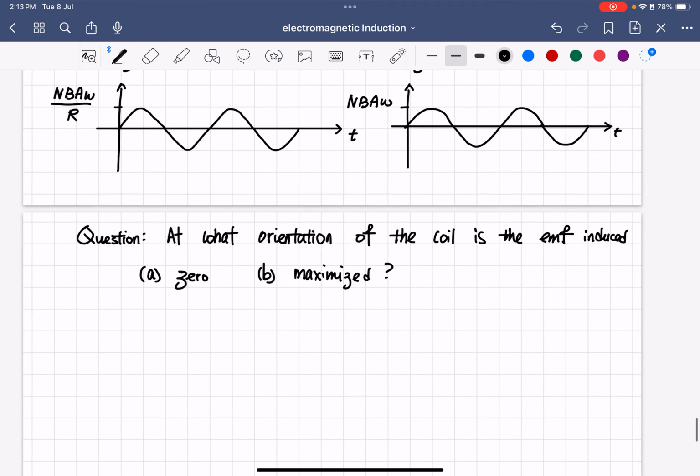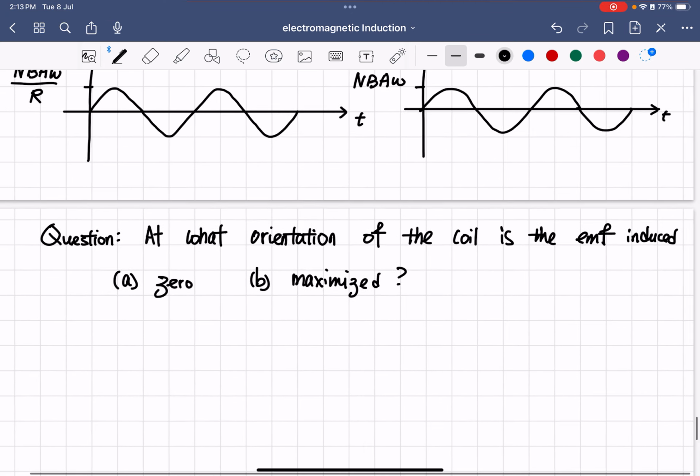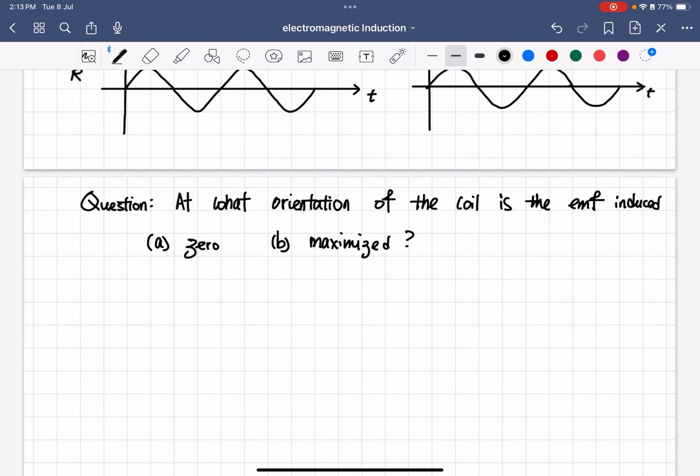Now there are many ways to answer this question. I want to use the simplest way, which does not require any mathematics. We need to recall Faraday's law in the form of cutting of magnetic field lines. One formulation of Faraday's law tells us that if there is a magnetic field line being cut, then we will have EMF.